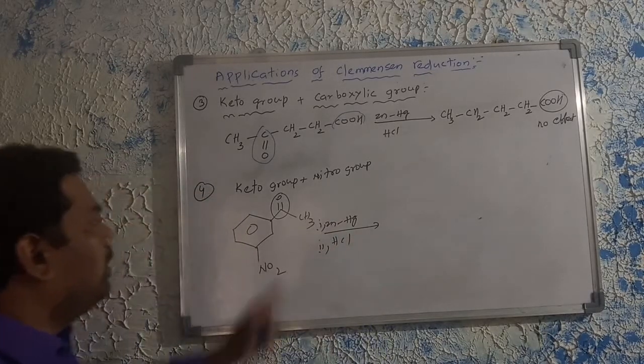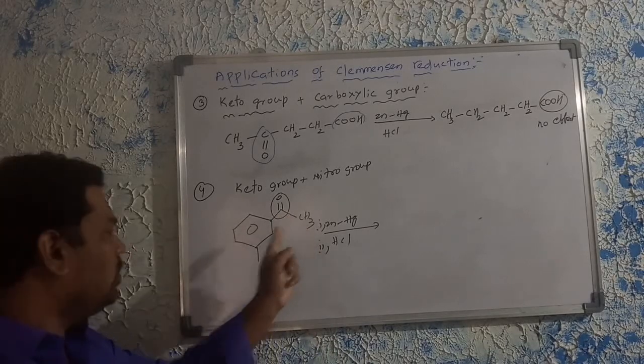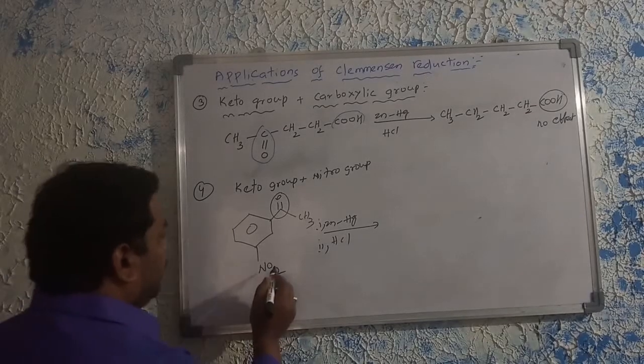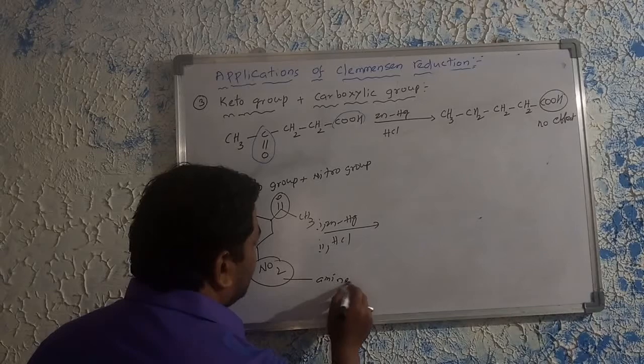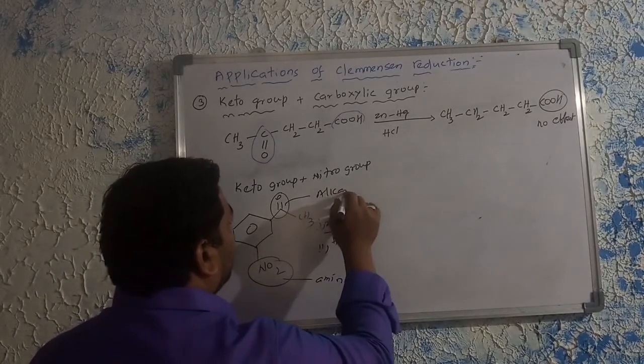We know very well the C double bond O carbonyl group is reduced, and also the NO2 group is changed into NH2 group. So this group changes into amine and this group changes into alkane.